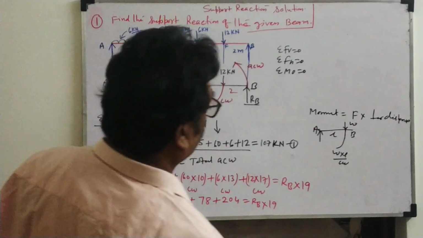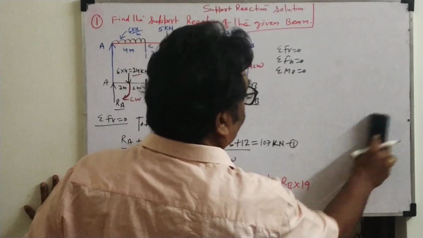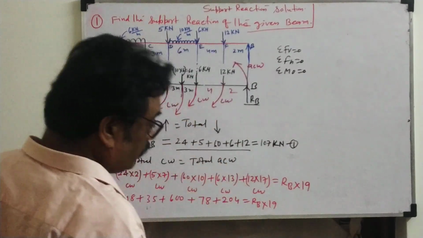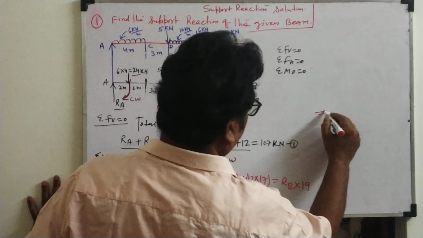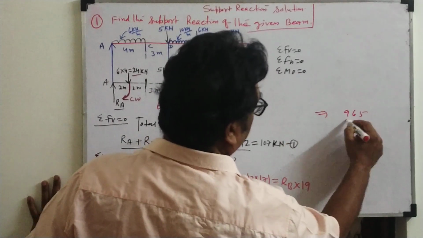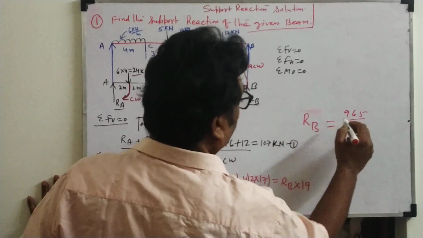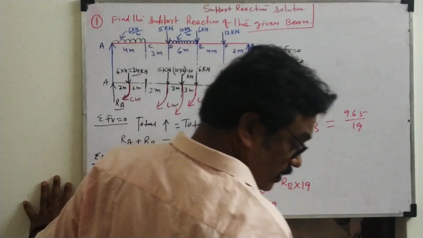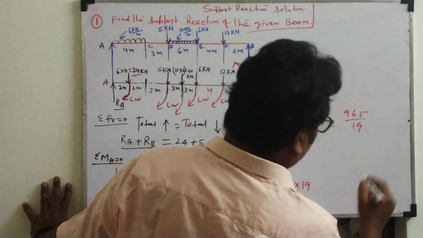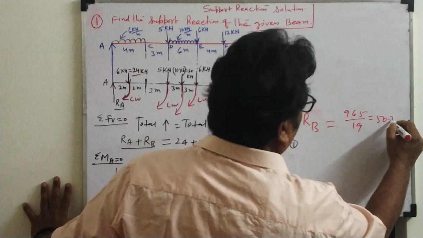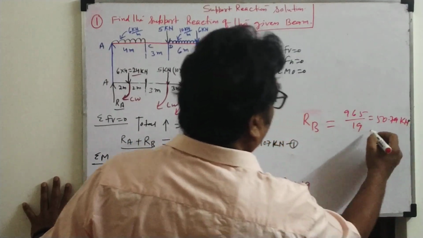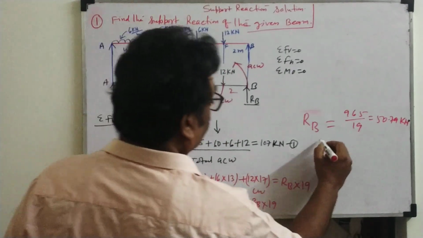If we solve this, how much will come? 965 by 19. RB there. So RB will come 965 divided by 19. It will come 50.79 kilonewton.